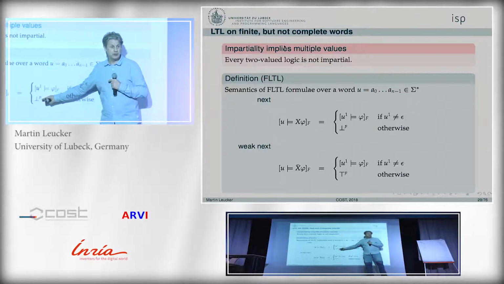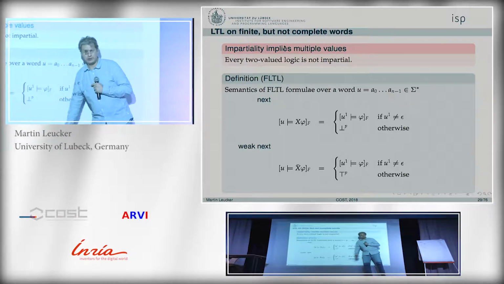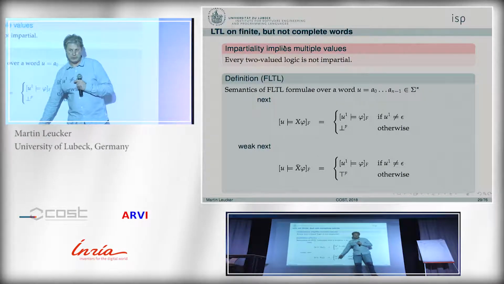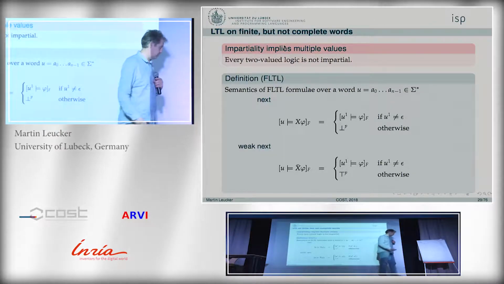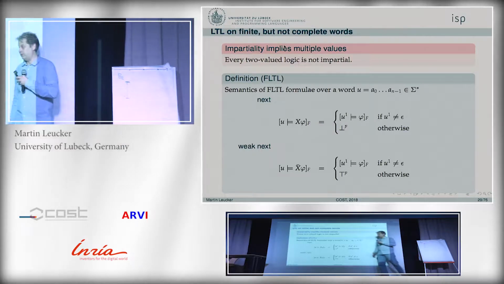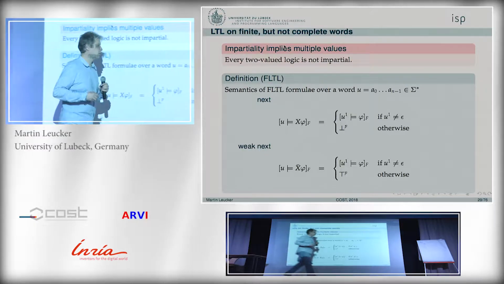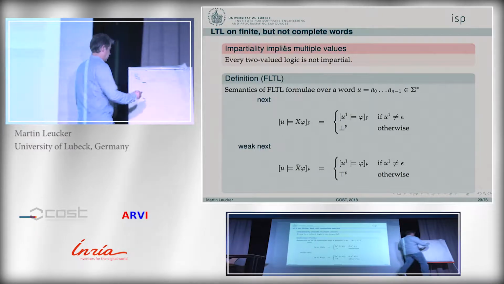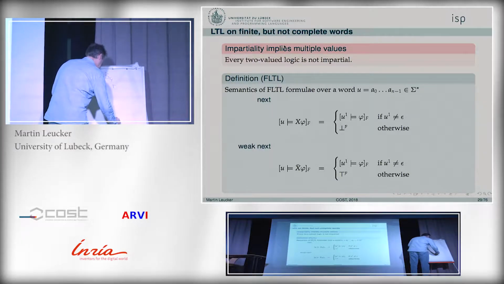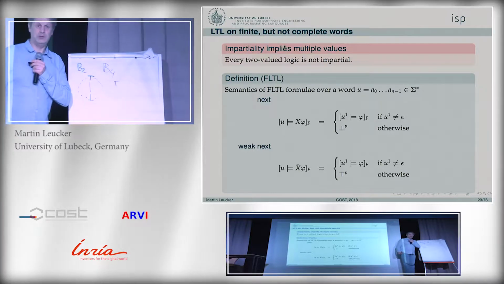So we say presumably false here. And of course there is a dual for the weak next operator. If we terminate, it would be true, it would be fine, but if we continue, we have to continue the evaluation. So we have a four element truth domain, and I call it V4. We have top, we have bottom, and we have two values in between. How should I locate them?